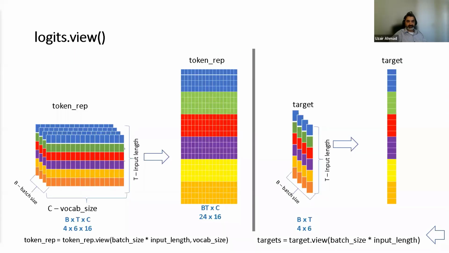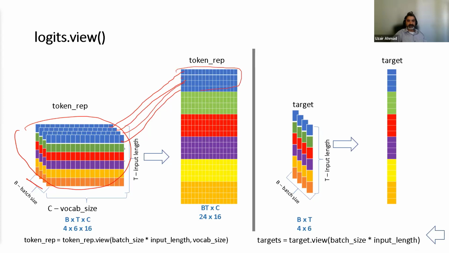What happens is exactly the same as we looked at when we were doing the bigram model in PyTorch. This is the actual output. We have the batch dimension, but all first word representations are taken and put like this. So a 3D becomes 2D.